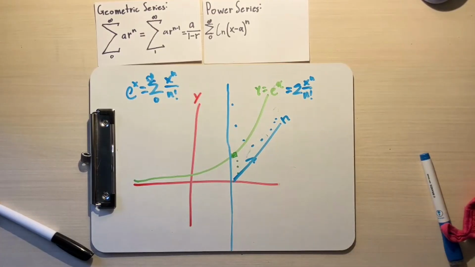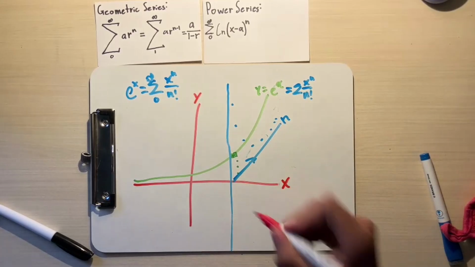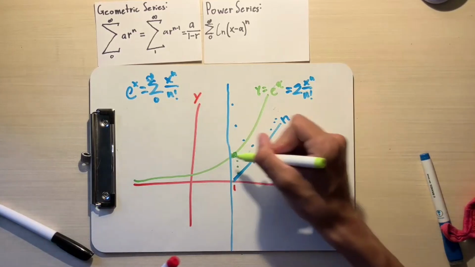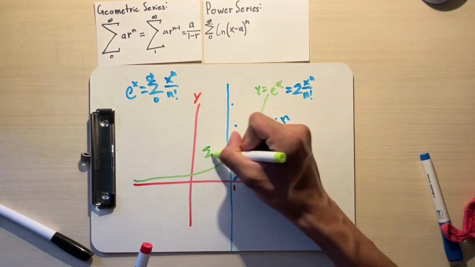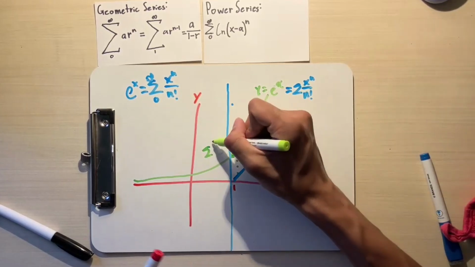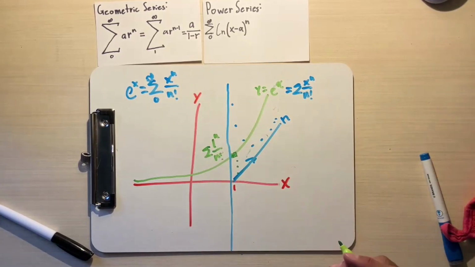It is really important that this is the x. Because at this point, say for example that this is x equals 1, makes that pretty easy, then the summation we're evaluating here is the summation of 1 to the n over n factorial. That gives us an output.